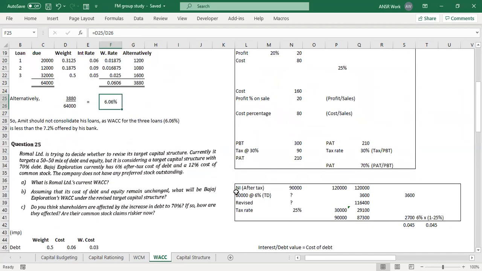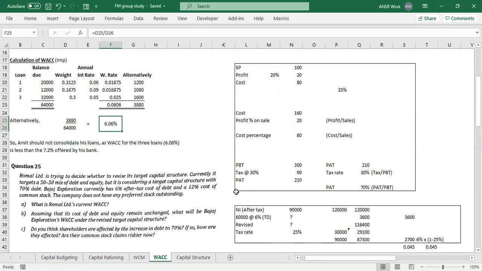Here is the question. Roman Limited is trying to decide whether to revise its target capital structure. Currently, it targets a 50-50 mix of debt and equity, but it is considering a target capital structure with 70% debt. Bajaj Exploration currently has a 6% after-tax cost of debt and a 12% cost of common stock.